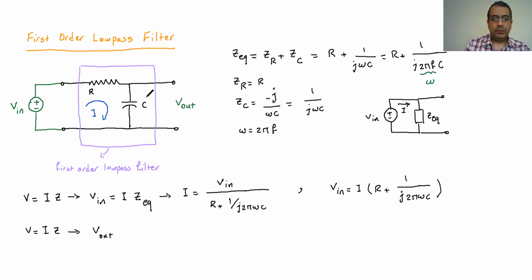So whatever the voltage of the capacitor is, that is the voltage at the two output ports. Therefore, it's going to be I times Z, where Z is the impedance of that C.